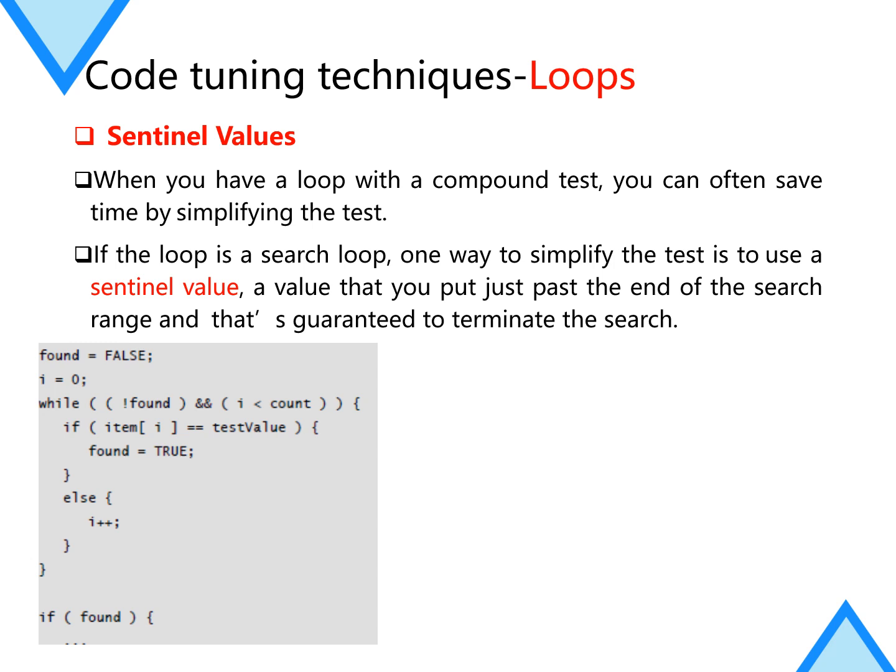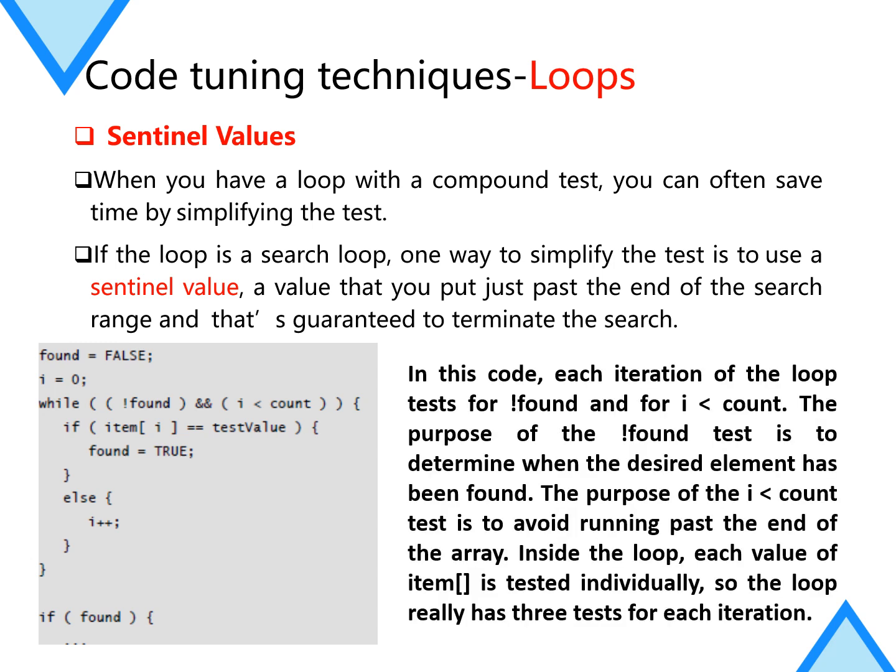Here is an example. Here we are checking three conditions. The first one is checking the not found condition, second it checks i less than count, and third it compares each and every element with the test value.